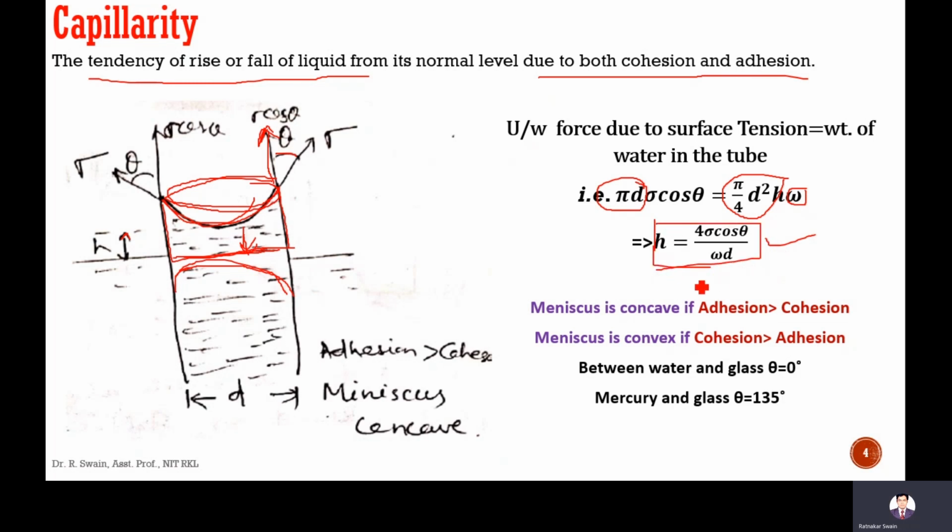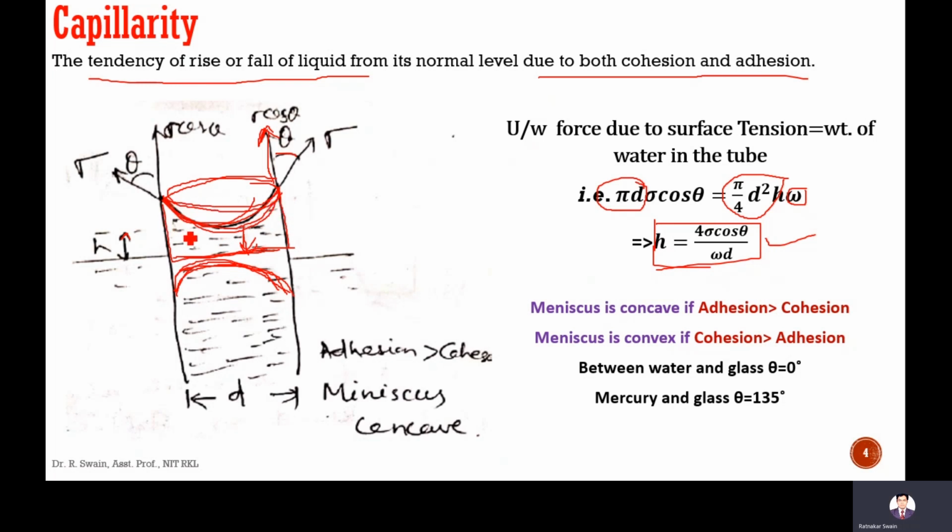Now, when is the meniscus concave and when is it convex? When adhesion is more than cohesion, then the meniscus will be concave.